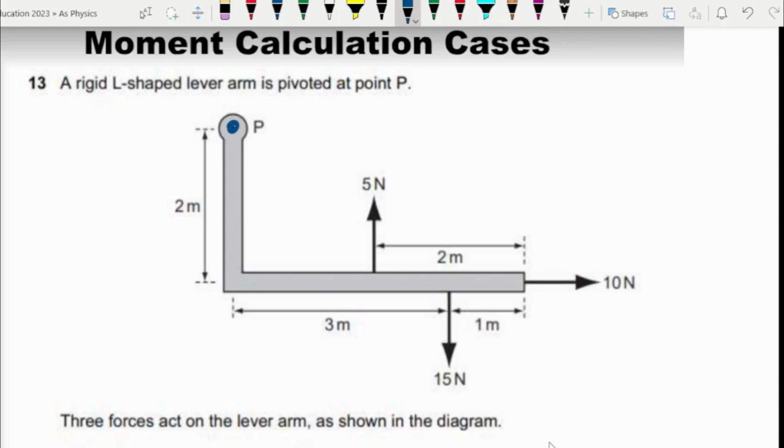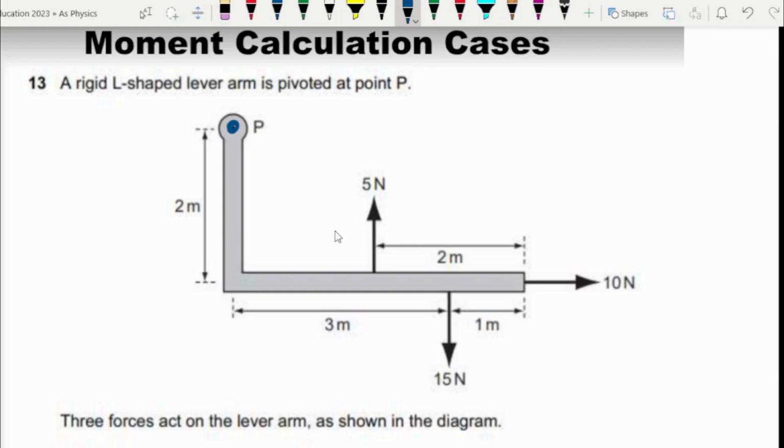The direction of moment is either clockwise or anti-clockwise. If clockwise moment equals anti-clockwise moment, there would be no resultant moment. If the moment on one side, let's say clockwise, is greater or less than the other, there would be a resultant moment of force.